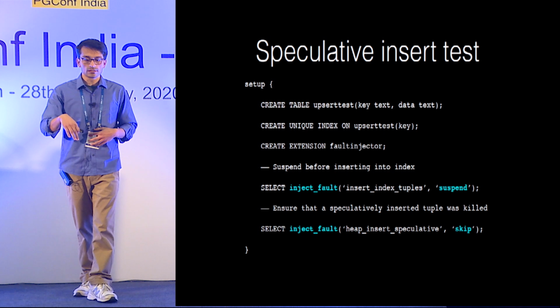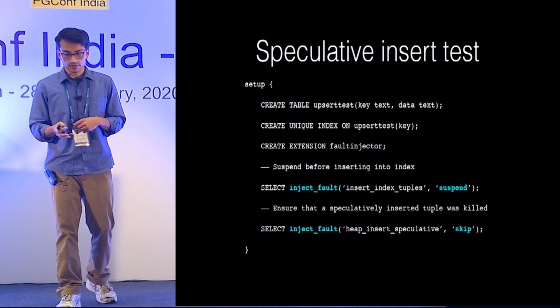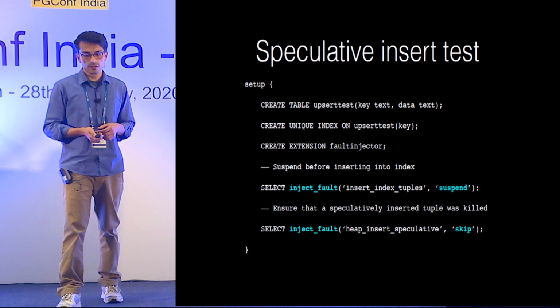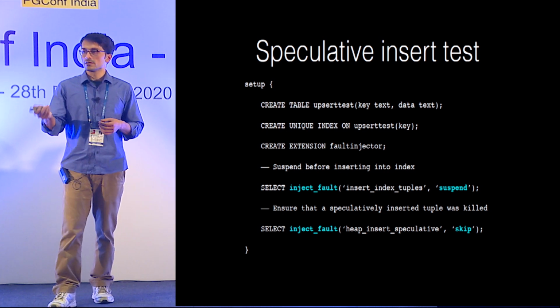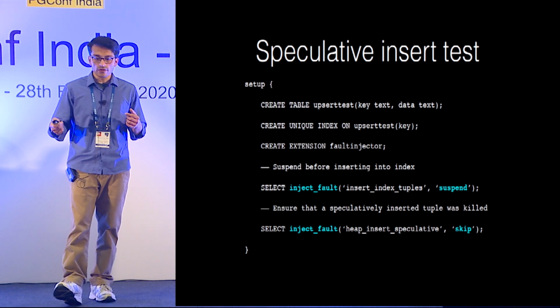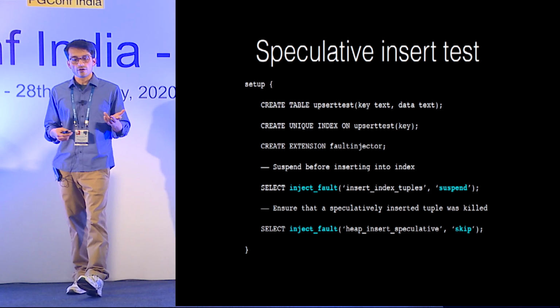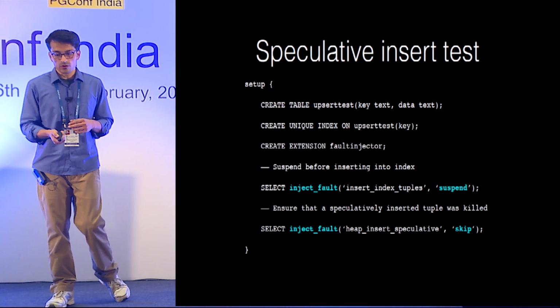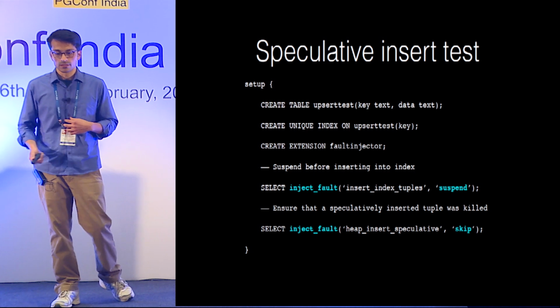Let's first look at the setup. The table name that we have chosen is upsert test. We create a unique index on it so that conflicts are generated, and then we define 2 faults here. One is the suspend fault that we just talked about, named insert index tuples.